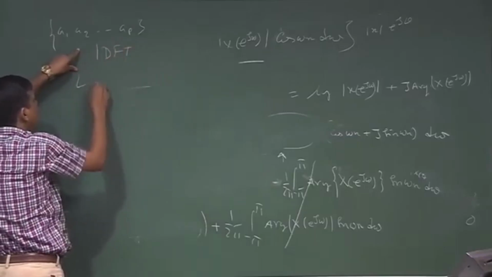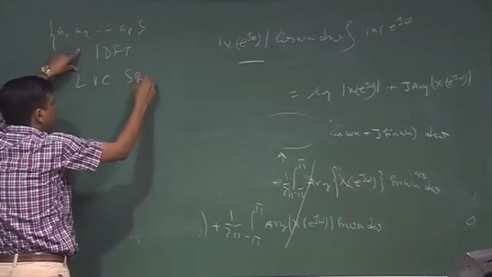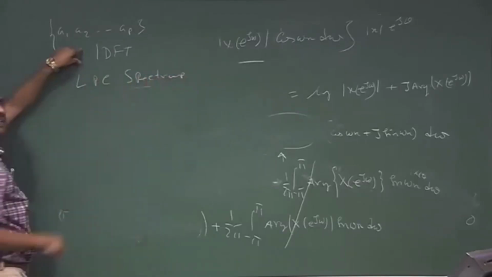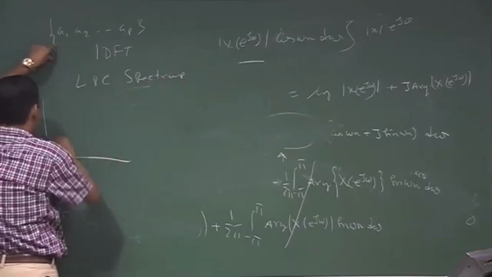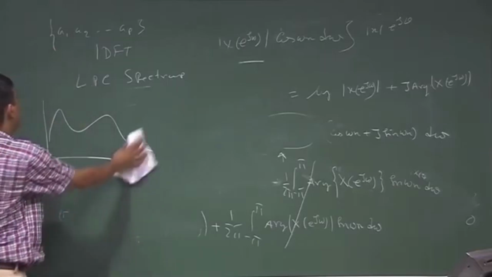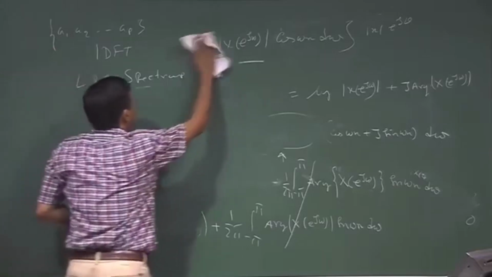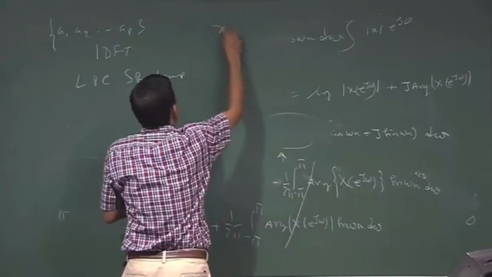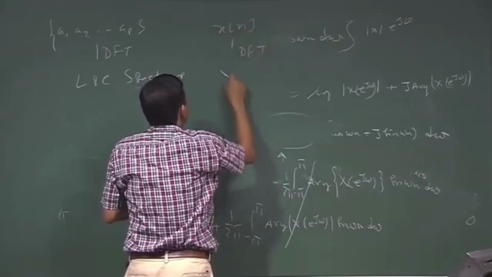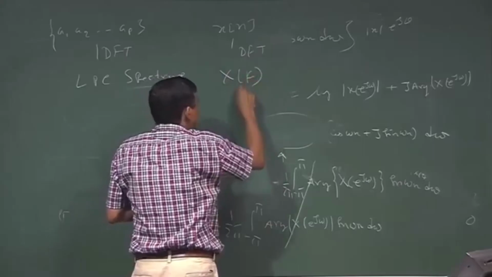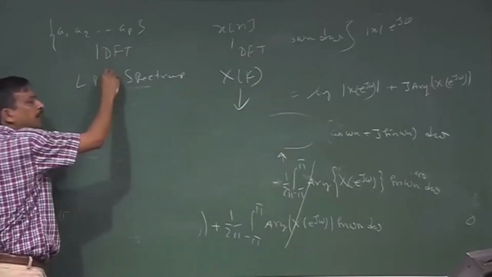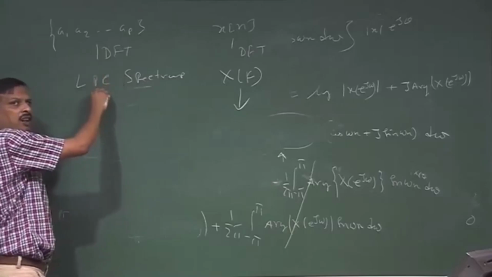I get the LPC spectrum. If instead, I use the signal x(n) and take the DFT, I will get X(k), which is called the real spectrum, the signal spectrum, and this gives me the LPC spectrum.